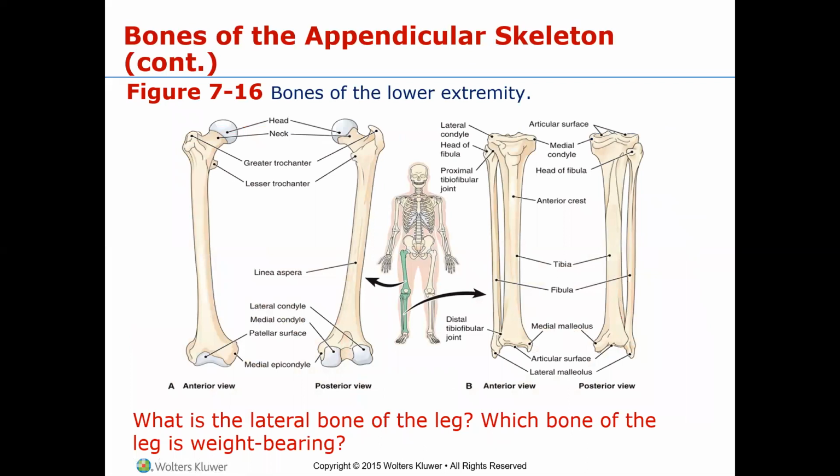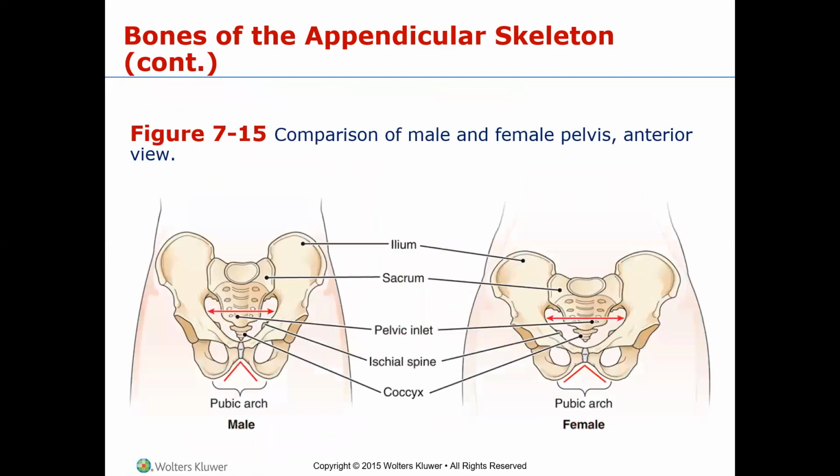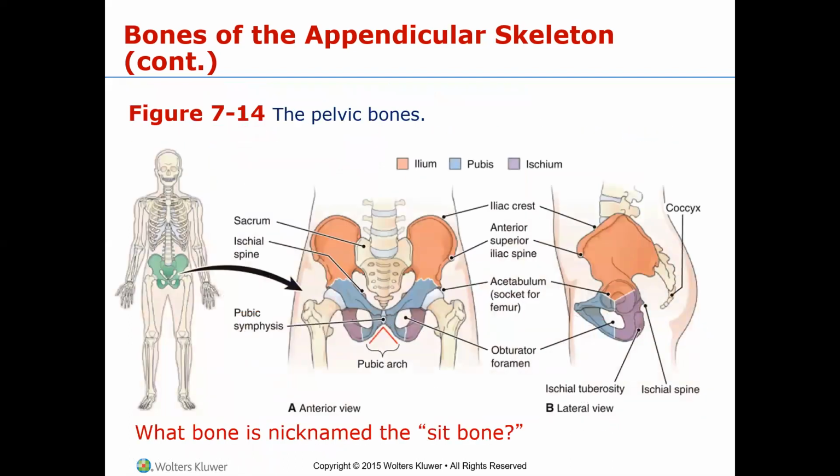When we look at the bones, continued, of the lower extremity, we have the femur, and the femur has a head and a neck which is attached to the pelvis, and it's actually attached, they don't label it here, but to the acetabulum. Oh, yeah, they do here, right here.